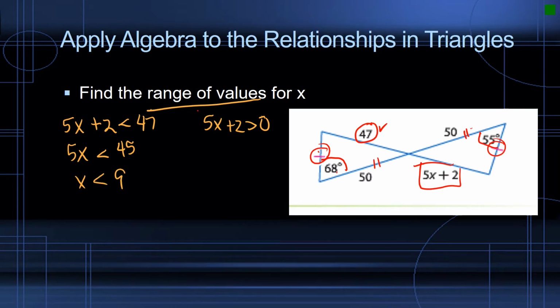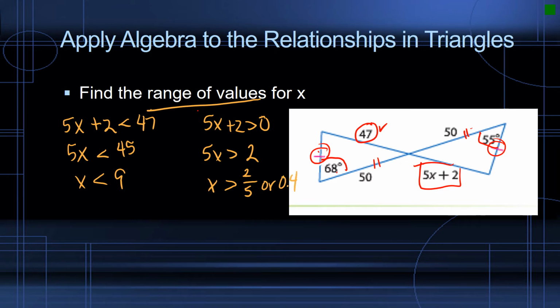Now what about our case 2? Well, we're just going to add 2 to both sides. So 5x has got to be greater than 2. And we're going to divide both sides by 5. And so x is greater than 2/5. Or if I put 2/5 as a decimal, that would be the same as 4/10 or 0.4.